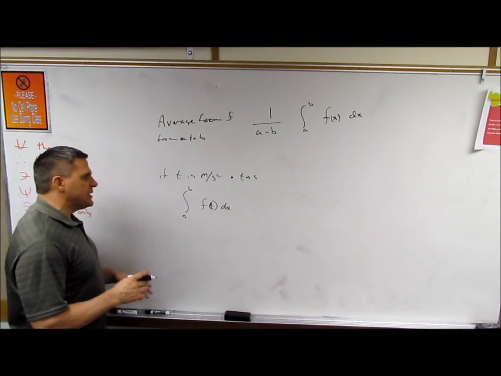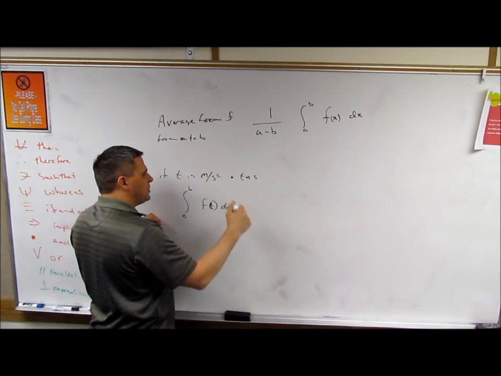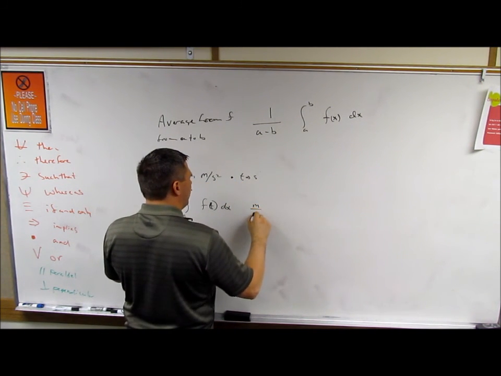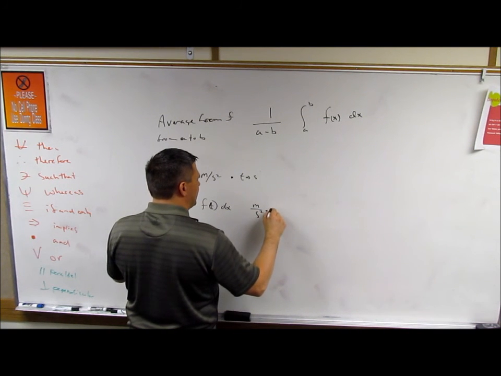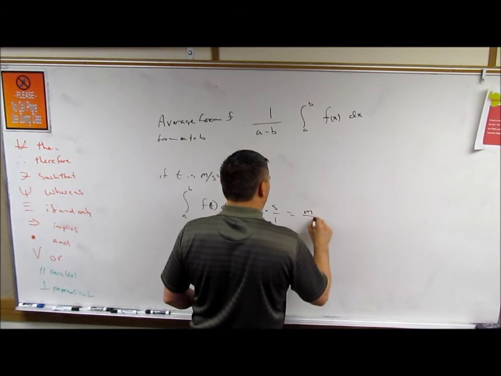You basically take these two and multiply them, so you have m over s squared times s over 1, and that equals m over s.